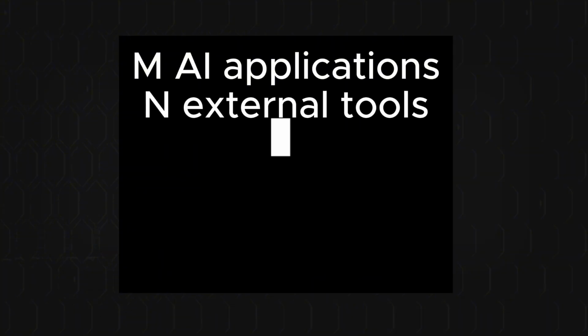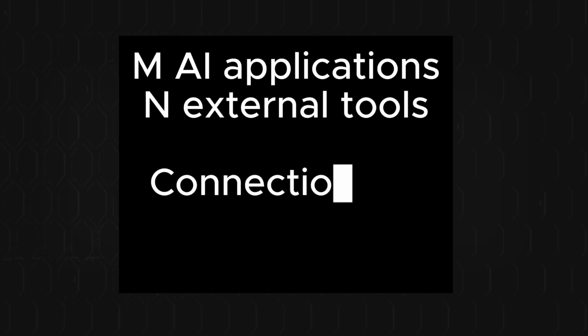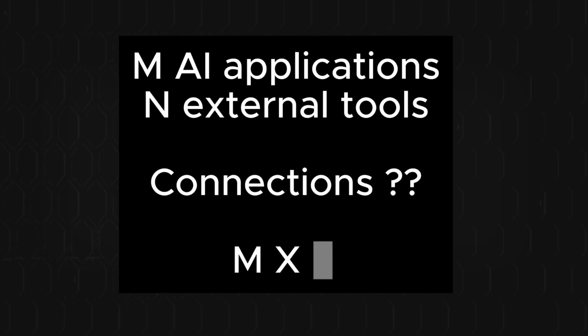To connect each AI application to each tool, you would need to build M times N individual connectors. That's a lot of work. MCP transforms this M times N problem into a much more manageable M plus N problem. Now you only need M clients for AI applications and N servers for tools or data sources. Any compliant client can then talk to any compliant server.